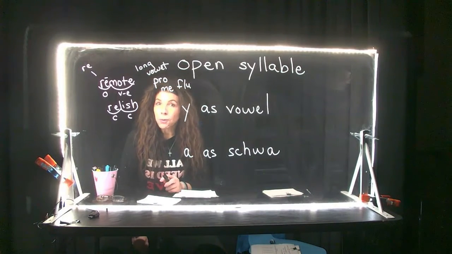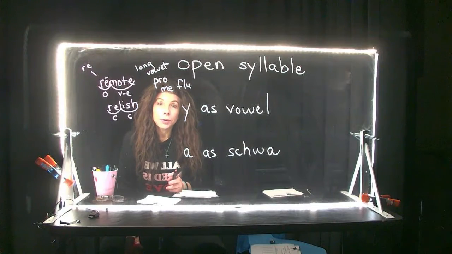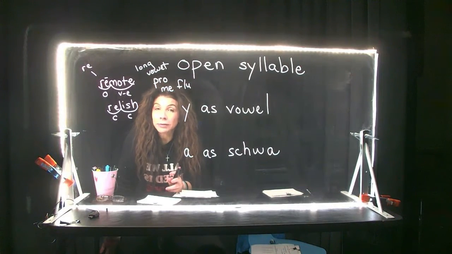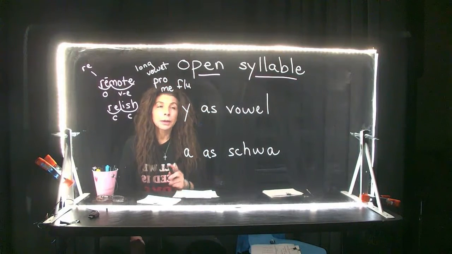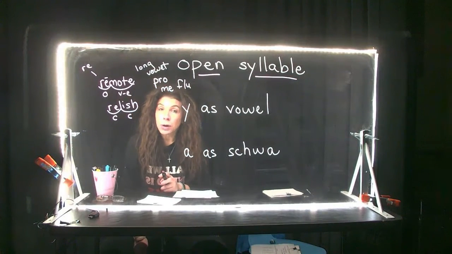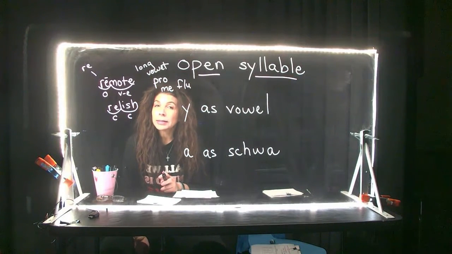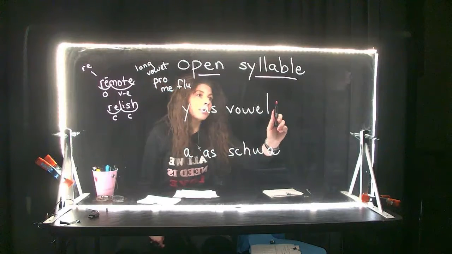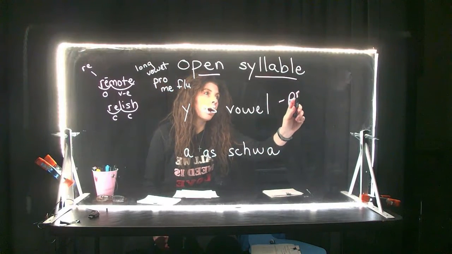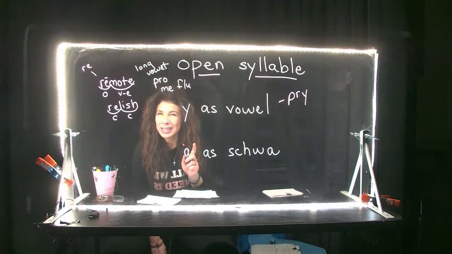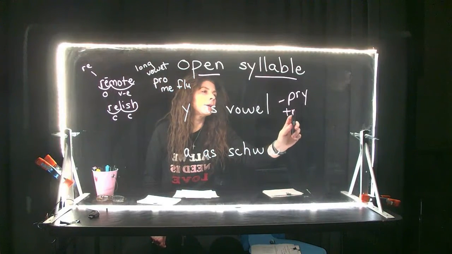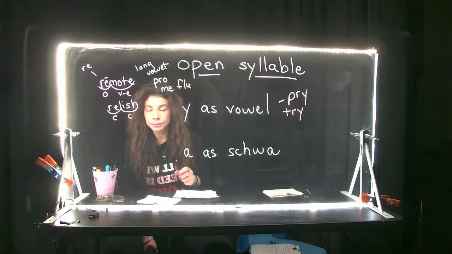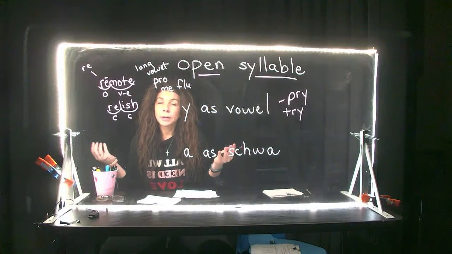We also talked about the Y as a vowel. The whole reason why we have the Y as a vowel is because of the open syllable. Remember, Y can be in a one-syllable word, and if it is, it sounds like a long I. So for example, in the word pry, if you pry something open or pry into someone's business, try, cry, one syllable.